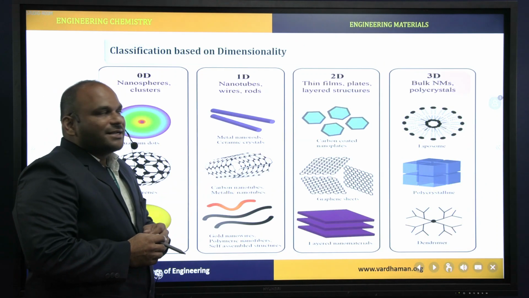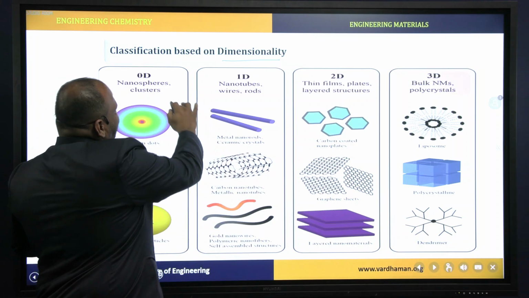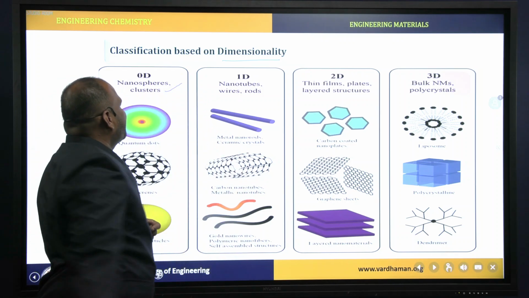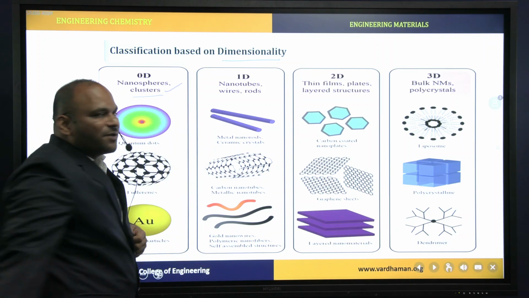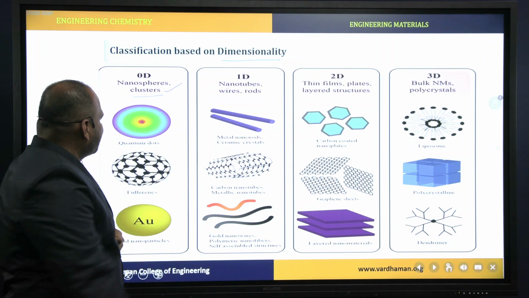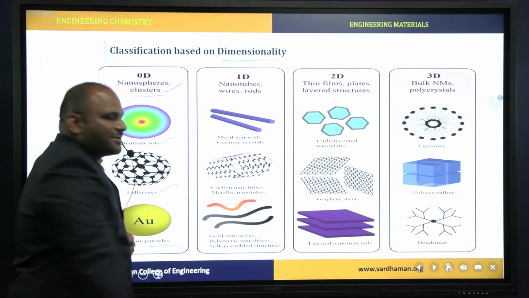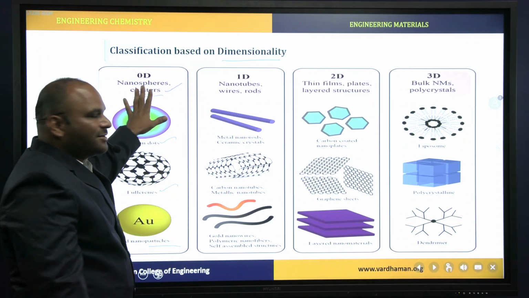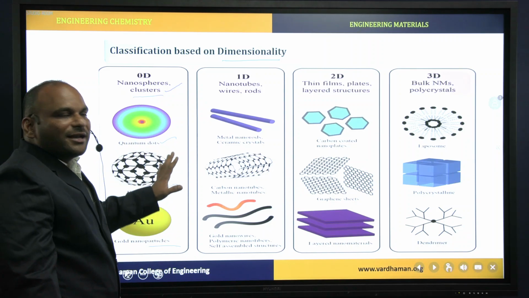Classification of nanomaterials based on dimensionality. First one is zero dimension nanomaterials. Nanospheres, nanoclusters come under zero dimensional nanomaterials. And quantum dots, fullerenes, gold nanoparticles also come under zero dimensional nanoparticles because these all look like spheres.